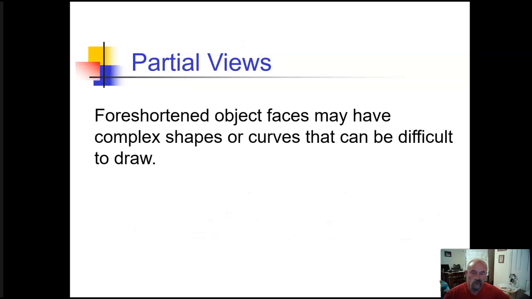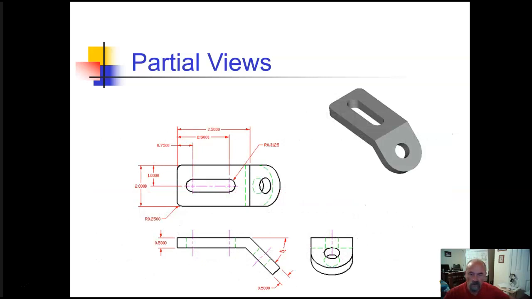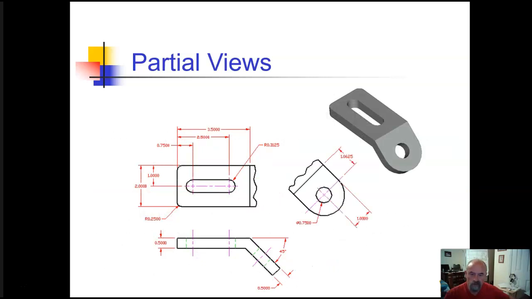Partial views. Foreshortened objects may have complex shapes or curves that can be difficult to draw. So short break lines and partial views may be used to remove the need to draw the difficult curves on foreshortened faces, while still maintaining the complete shape description within that multi-view. So rather than drawing all of this here, you could do a partial view just to get the angled surface with the round hole, because the top view has the true view of the slot.